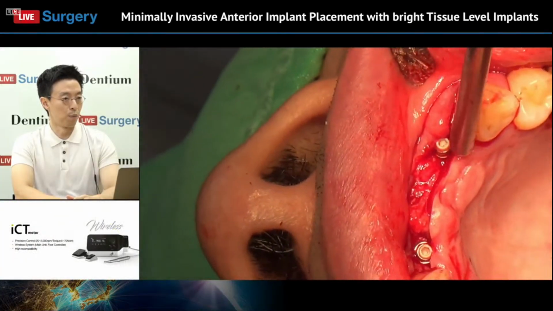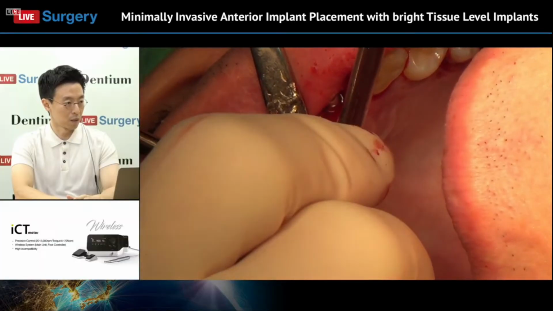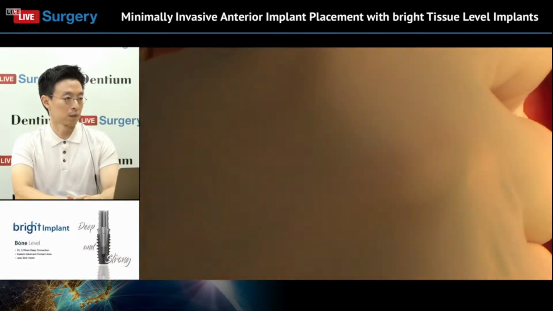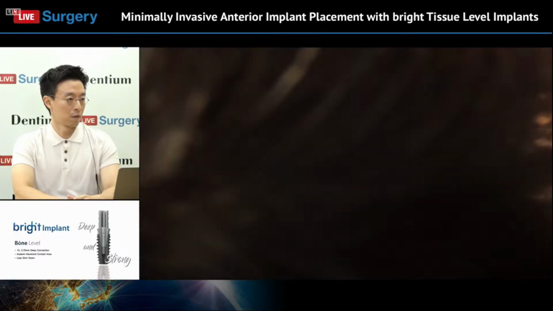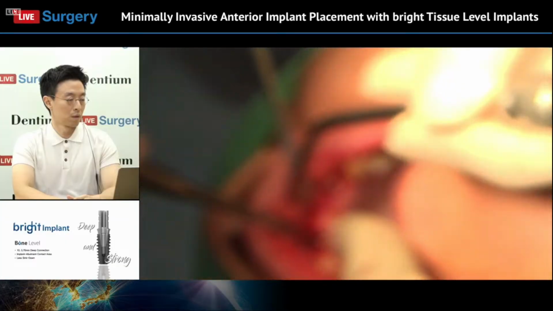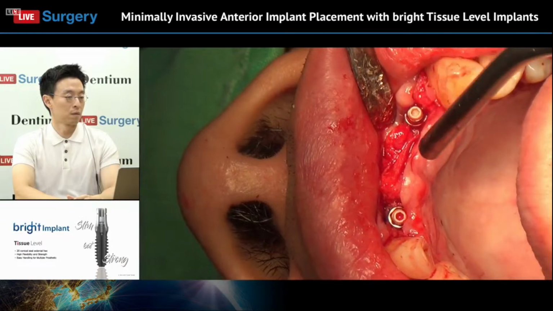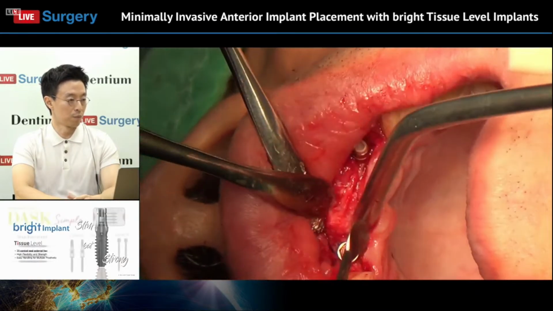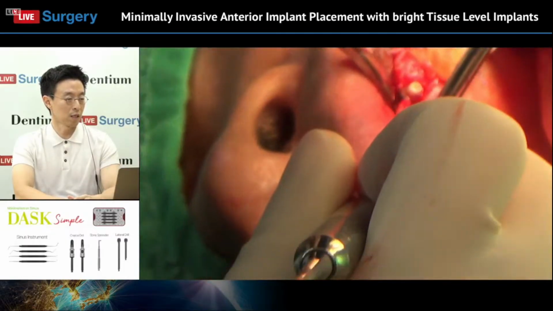Initial stability of both fixtures was very good. For deeper fixture placement, I used the hand latch.